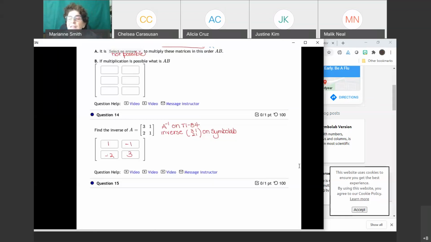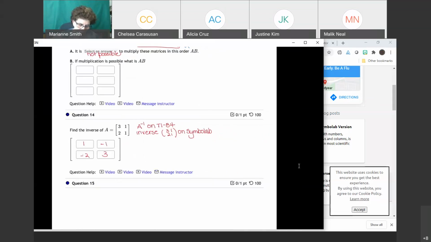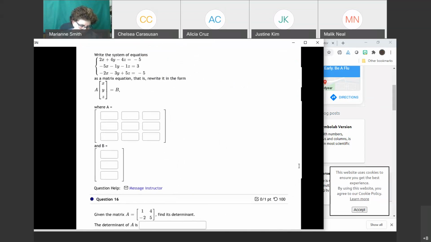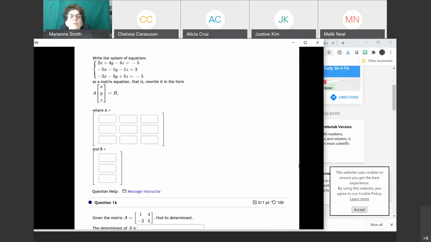The next one is actually asking you how you would use matrix inverse to solve a system of equations, which is another method we've used. It says, write the system of equations as a matrix equation, that is, rewrite it in the form of A times the vector of the variables equals B, where A is, well, what am I going to pull out of this for A? What goes in A, folks?